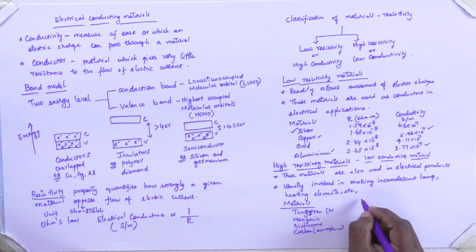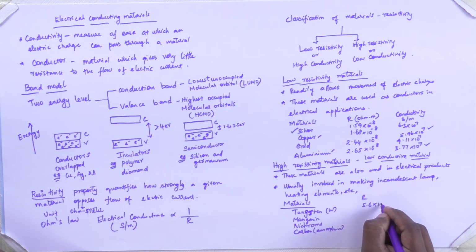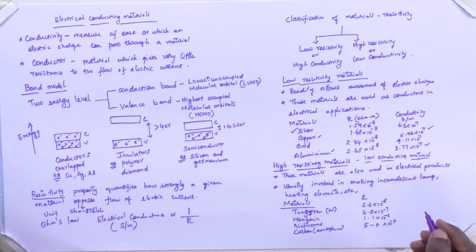So when we look at the resistance of these materials, tungsten has 5.6 into 10 power minus 8, and for manganese it is 4.8 into 10 power minus 7, and for nichrome it is 1.1 into 10 power minus 6, and for carbon it is in the range of 5 to 8 in the order of 10 power minus 4.